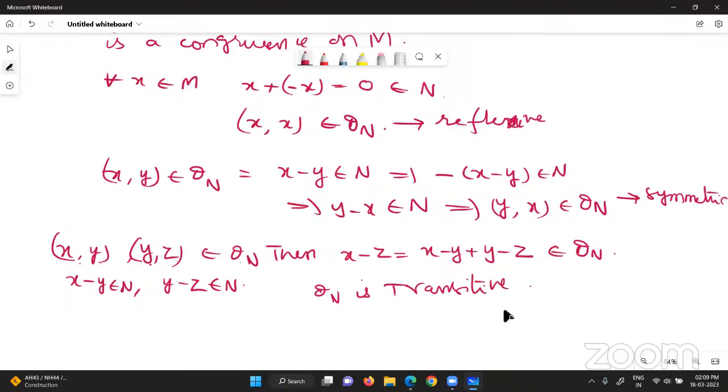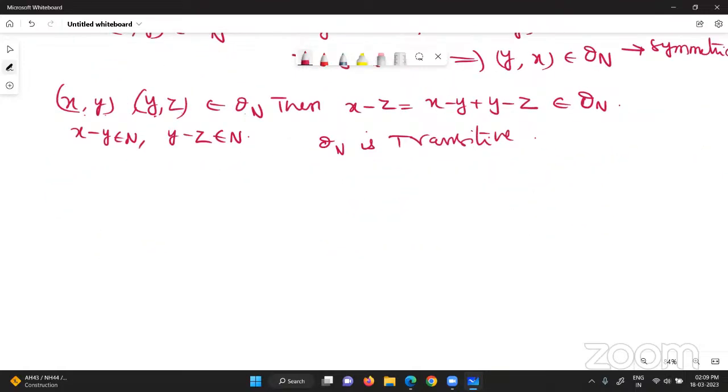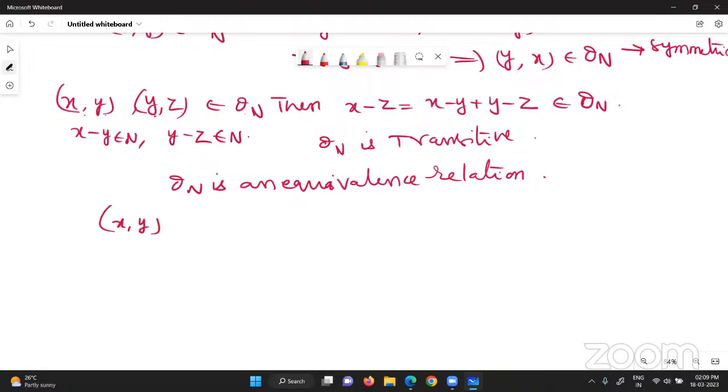So theta n is an equivalence relation. Now what you have to prove? You take two elements (x, y) and (u, v) in theta n.